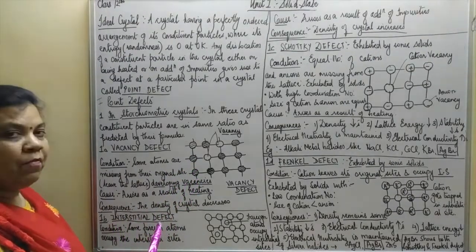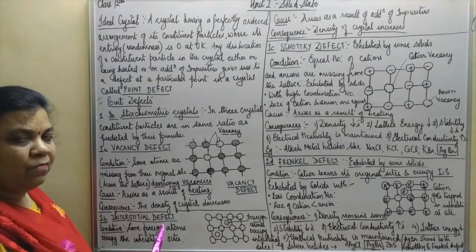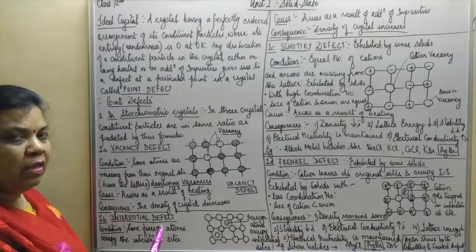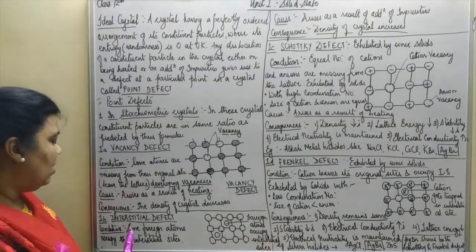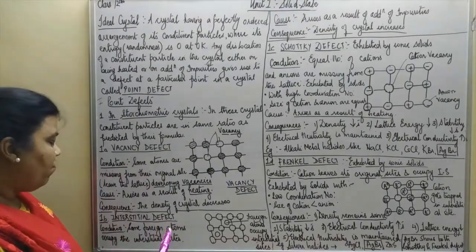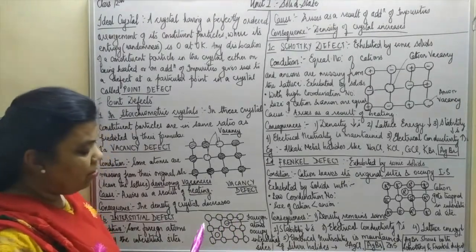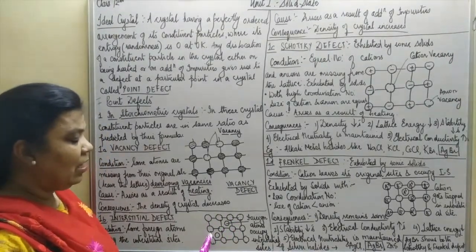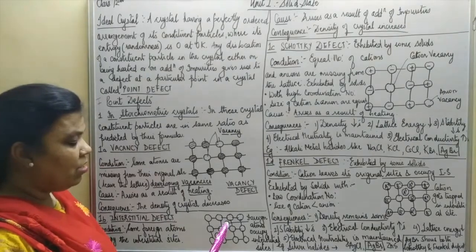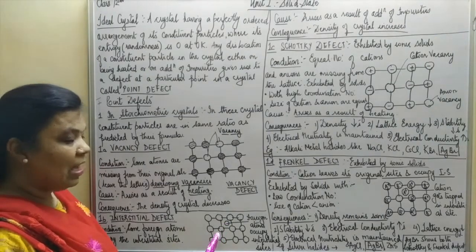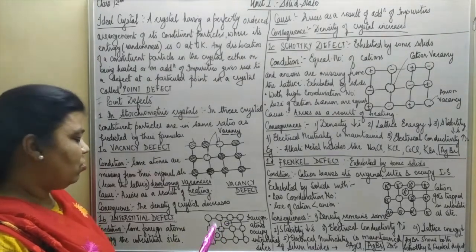Another type of point defect found in the non-ionic solid is the interstitial defect, where some foreign atoms occupy the interstitial site. None of the atoms from their original site leaves the lattice, but in addition to that, the foreign atoms get trapped in the interstitial site.